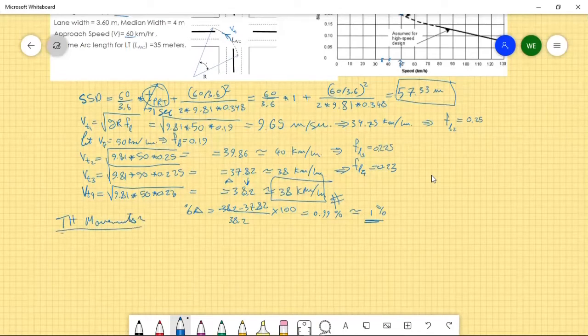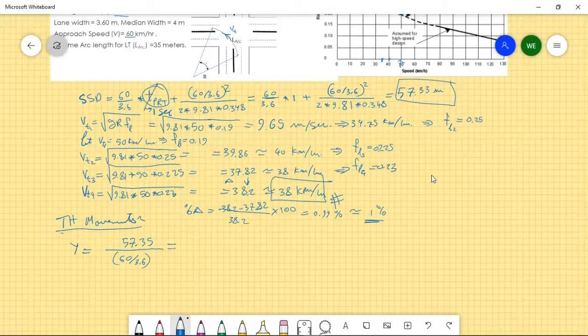So for the through movements, yellow time equals the stopping sight distance, which is 57.35 divided by the approach speed, which was 60, but we need to convert it by dividing by 3.6 to get meters per second.